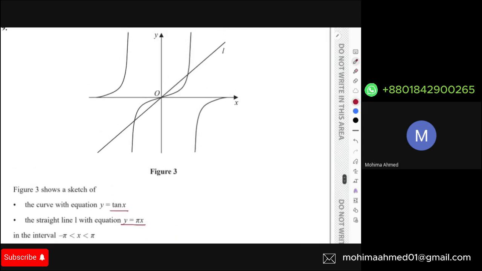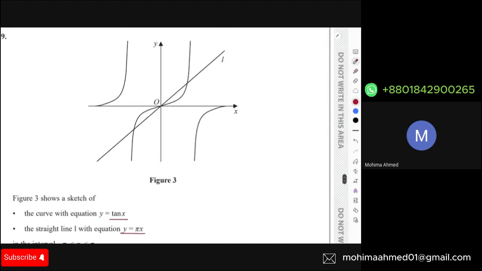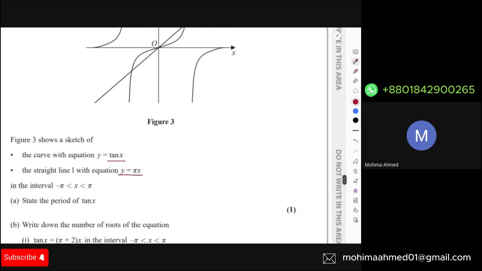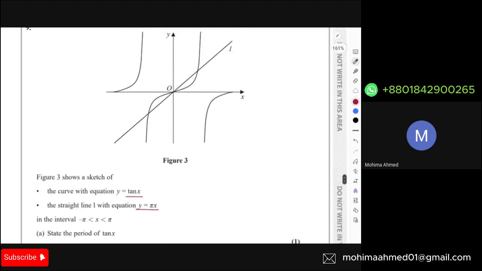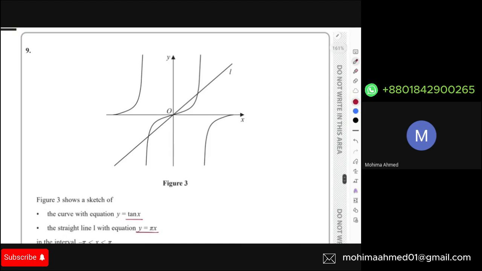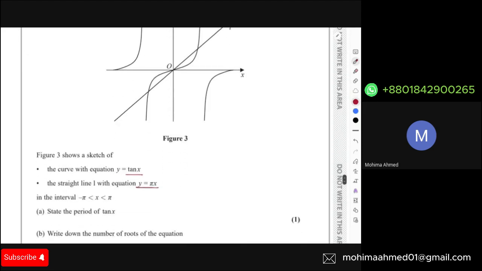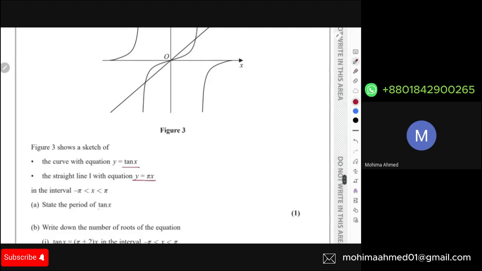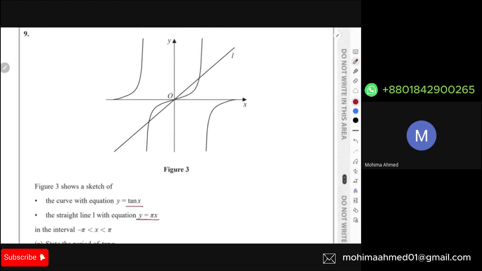For the period of tan x, I thought it was going to be a total of 360 degrees. But one minute, they're giving you 1 mark for this, right? They're asking to first show the period of tan x. In the usual case for cos x and sin x, one period is 2 pi.